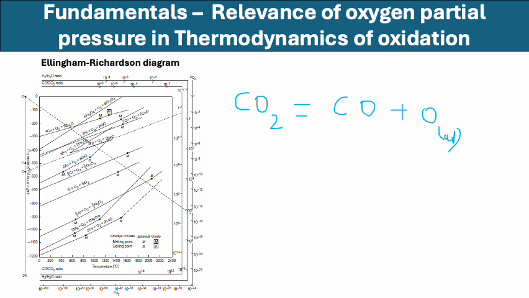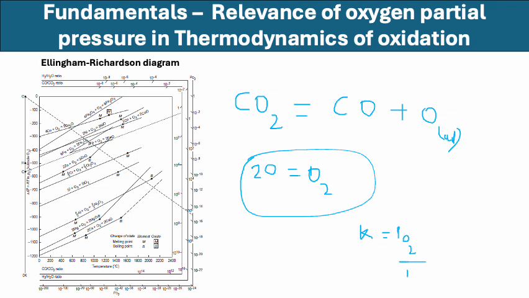So this reaction, but to consider this, we also need to think about this reaction. If we want to convert that into oxygen partial pressure, we need to remember that two oxygen can recombine to form oxygen molecule. So then the equilibrium constant for this reaction becomes PO2 times AO square.